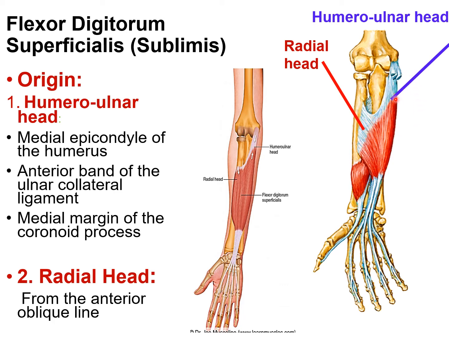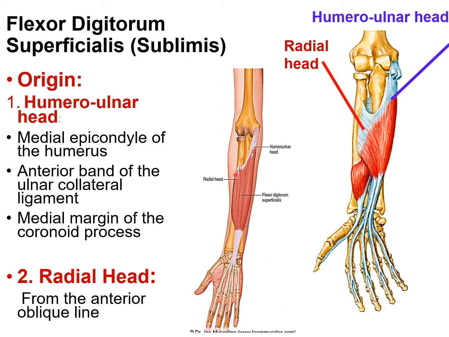The humero-ulnar head arises from the medial epicondyle of humerus via common flexor tendon, an anterior band of ulnar collateral ligament and the adjacent intermuscular septa, and from the medial margin of coronoid process proximal to the ulnar origin of pronator teres. So this is about the humero-ulnar head of the flexor digitorum superficialis.